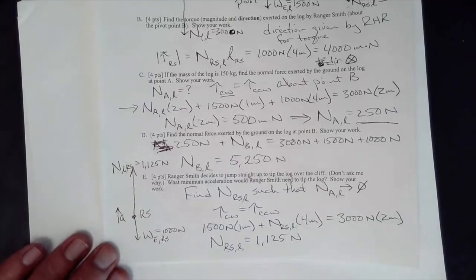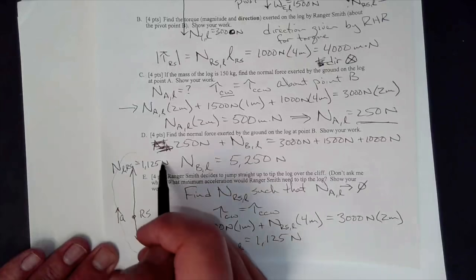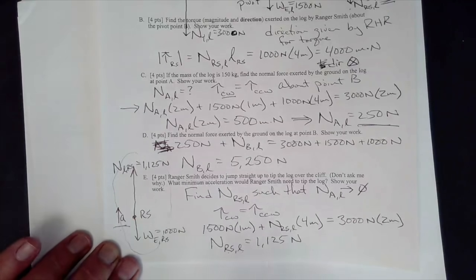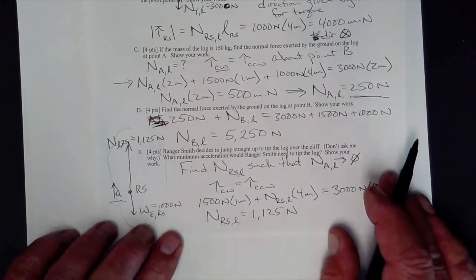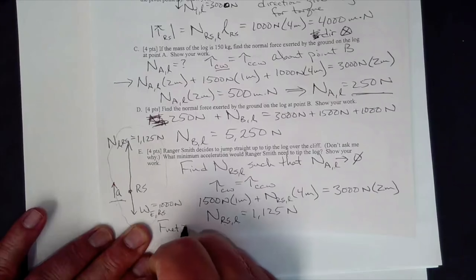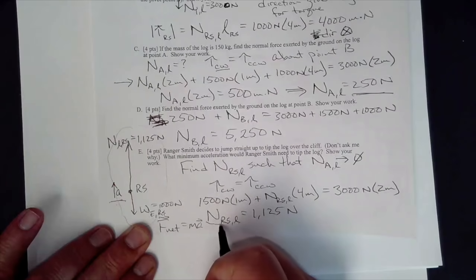Now I can see that this free body diagram for Ranger Smith screams up. And I can find the acceleration by using Newton's second law. F net equals ma. Now I've kind of boxed myself in here. Let me do that.